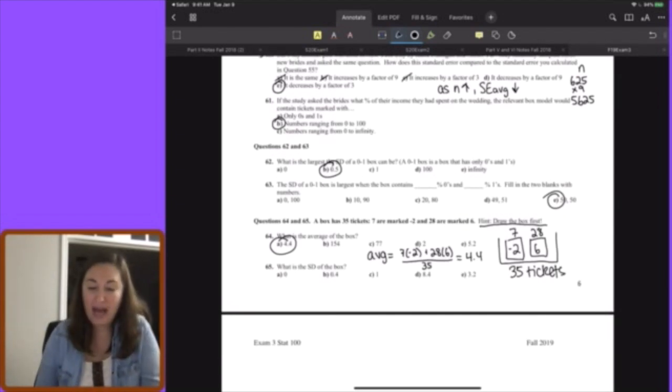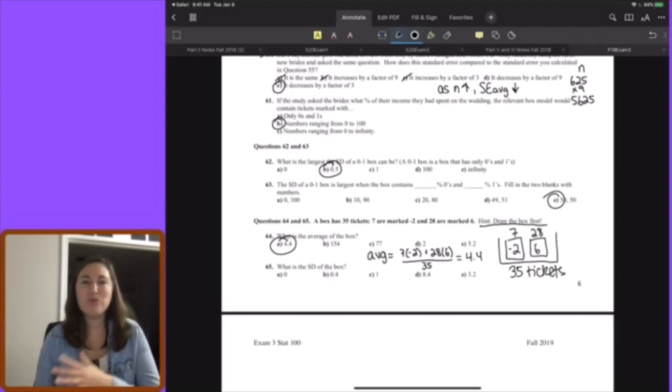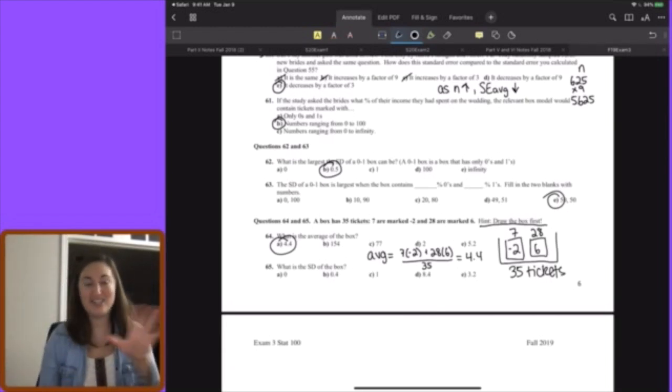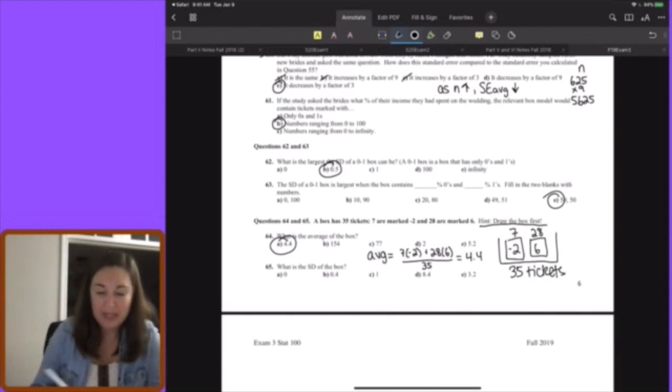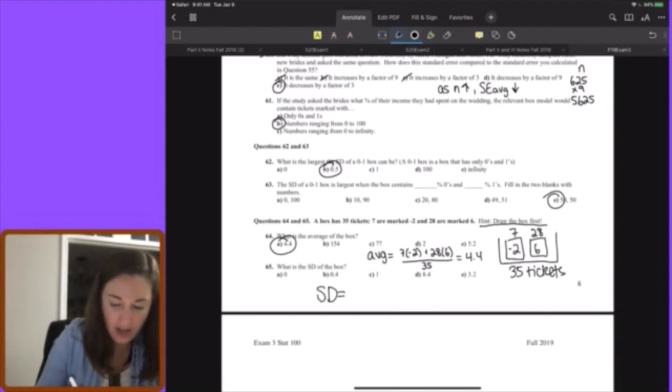What's the SD of the box? So here I can use the shortcut formula because there's only 2 types of tickets. If there were more than 2 types of tickets, then I couldn't use the shortcut formula. I'd have to use the long formula that I said I wasn't going to have you guys do. But here I can use the shortcut formula.